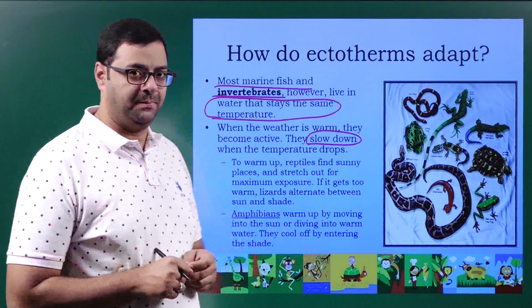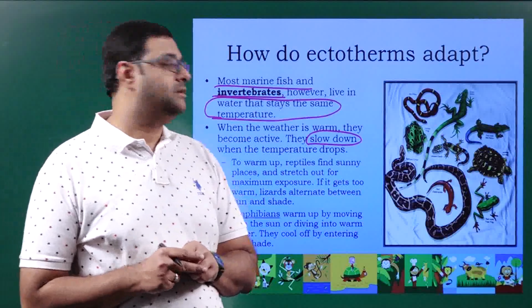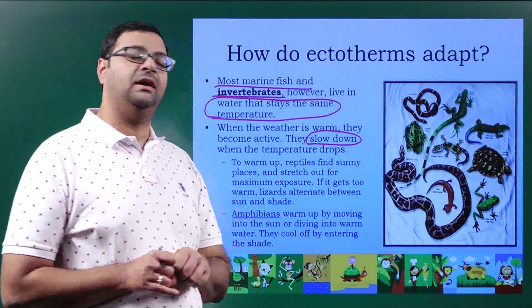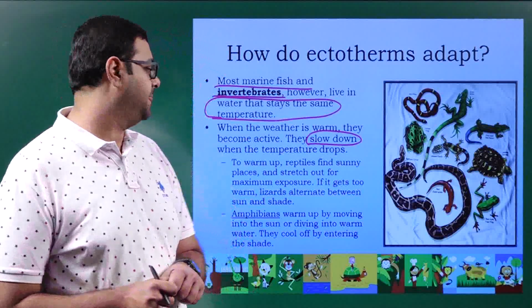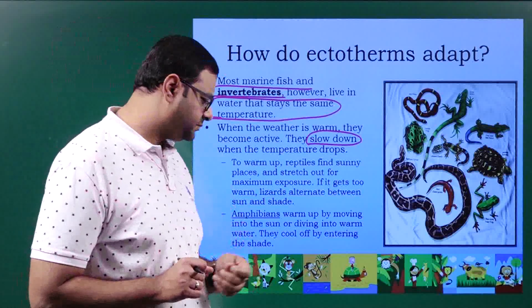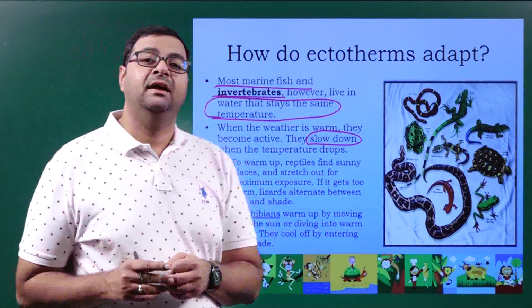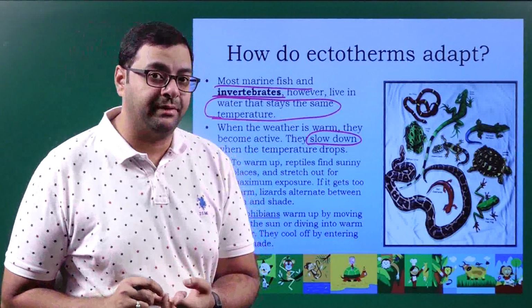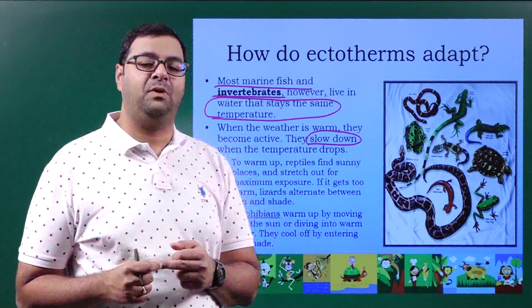Simple. Now see, reptiles are there. I can categorize crocodile, snake, and lizard as reptiles here. Now, these crocodiles, in order to raise their temperatures, come out and pick up a sunny spot.